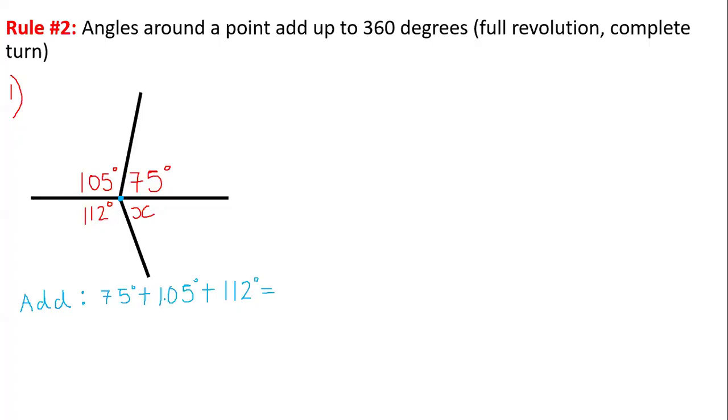We're gonna add all of them up, so we get 75, 105, and 112. When you add them all up, what will you get? 292. Very good, 292. I got the same thing, so 292.